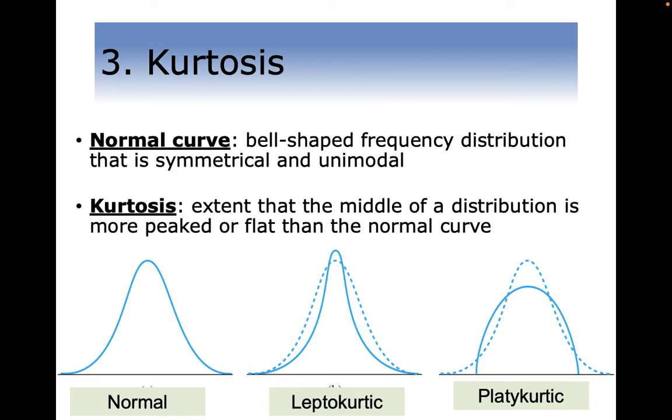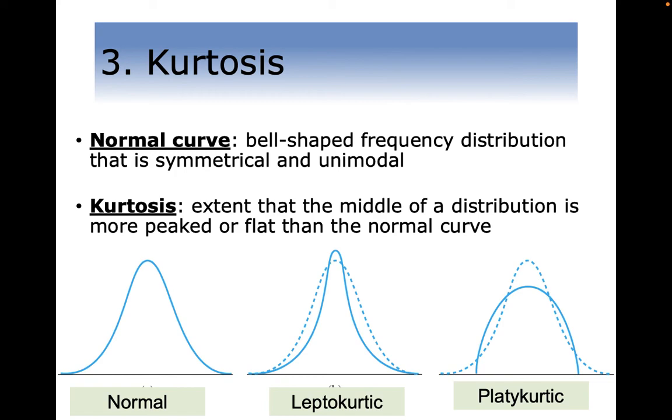Kurtosis then refers to how much the shape of a distribution differs from a normal curve in terms of whether its curve in the middle is more peaked or flat. Departures from the normal curve can be described as either leptokurtic or platykurtic.